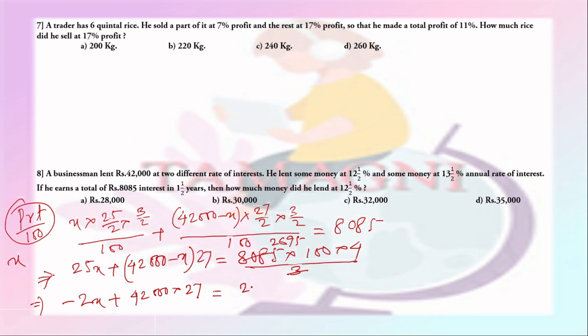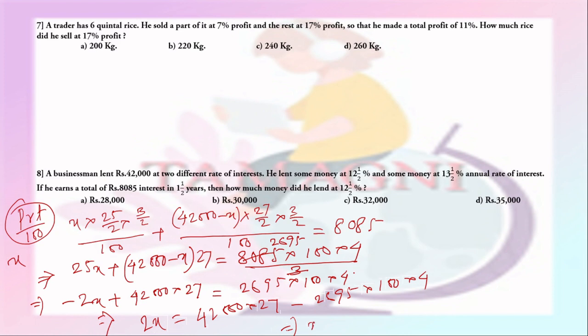So 2695 into 100 into 4, this gives 2x equal to 42,000 into 27 minus 2695 into 100 into 4.